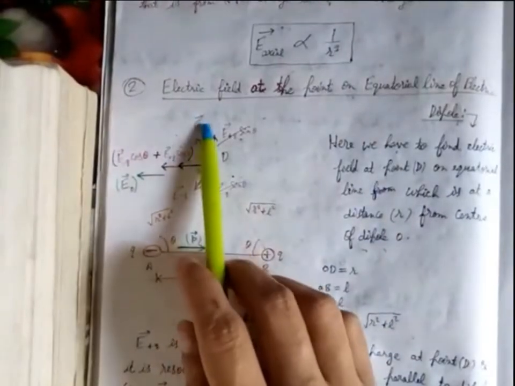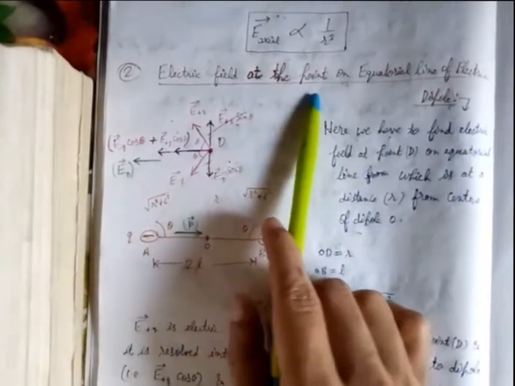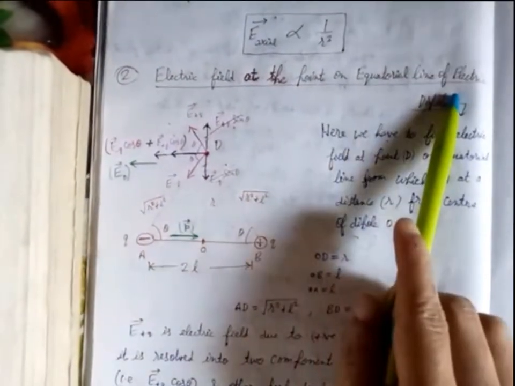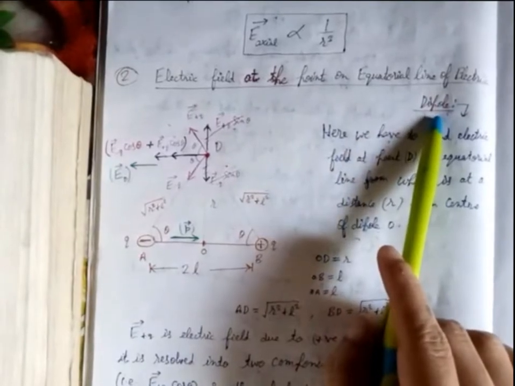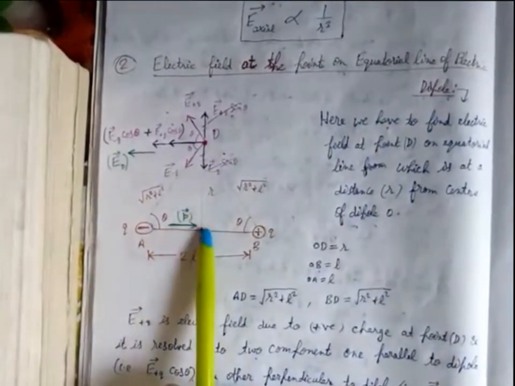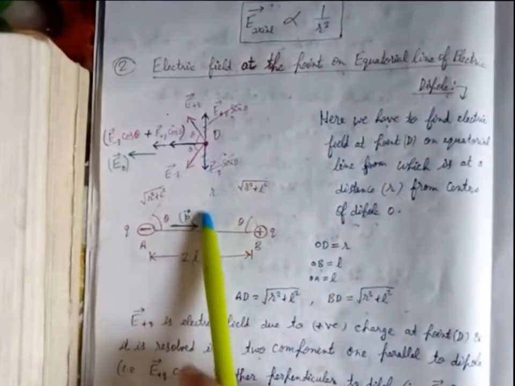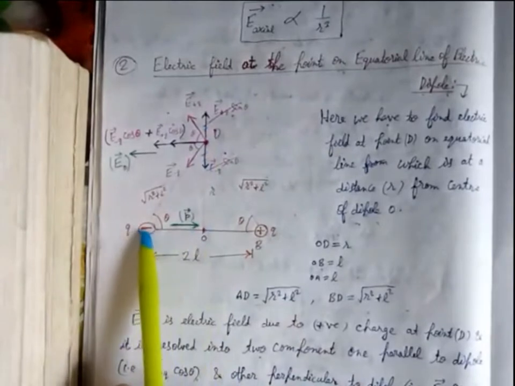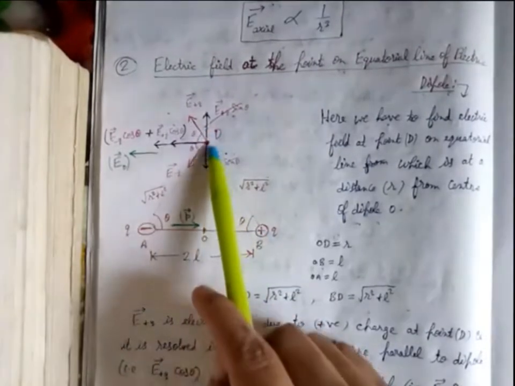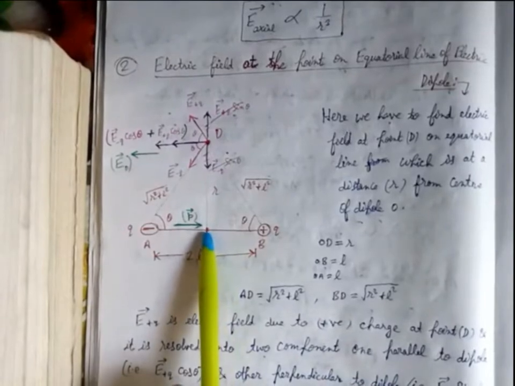Now we have to start the next derivation, that is electric field at a point on the equatorial line of the electric dipole. So in this case the point D is on the axis which is perpendicular to the axis of the dipole and it is passing through the center of the dipole.